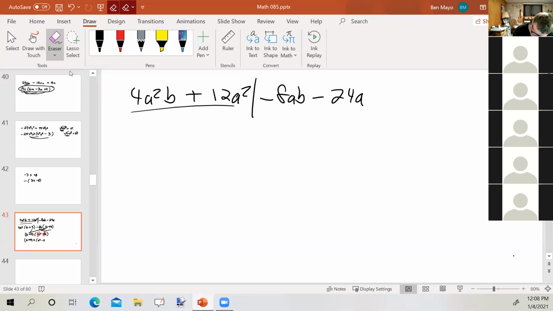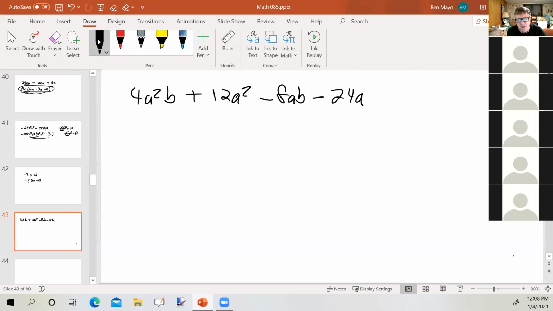I was so focused on factoring by grouping that I missed what I could have done in the first place. And that is, is there a greatest common factor of all things? It's better to take it out up front because otherwise you may forget. Well, I think every term up there has a 4 and an a as a greatest common factor.